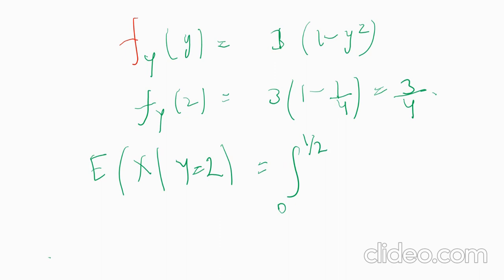Why? Because x plus y is equal to 1, right? So at this point, when x is equal to 1 minus y, it was given y at 1/2.